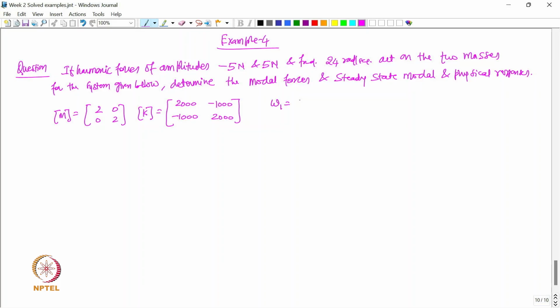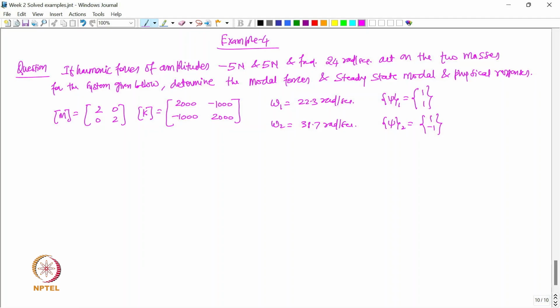The first natural frequency is 22.3 radians per second, and the corresponding unscaled mode shape is given as 1 1, and the second natural frequency is 38.7 radian per second, and the corresponding mode shape is given as 1 minus 1, right.